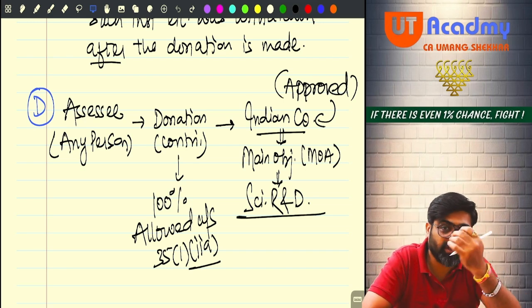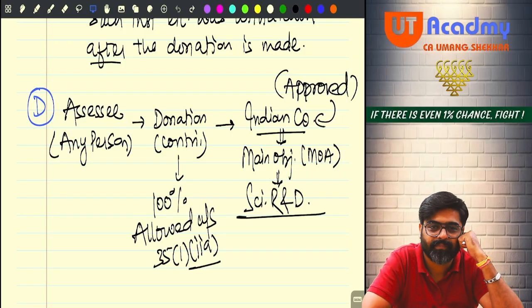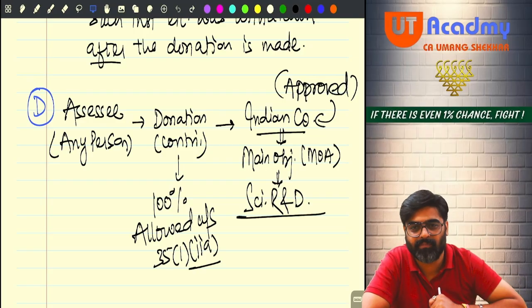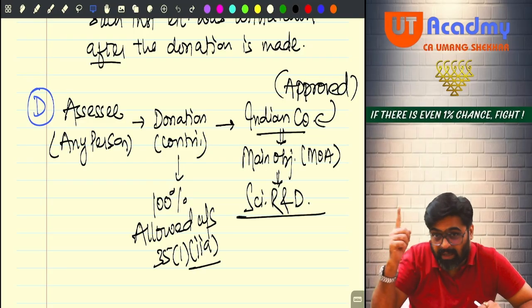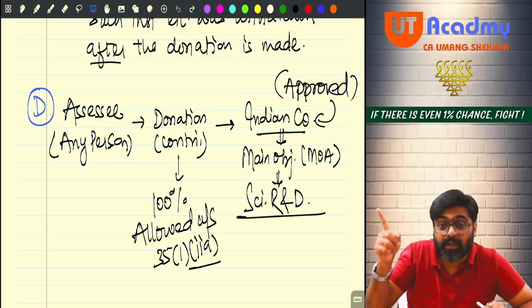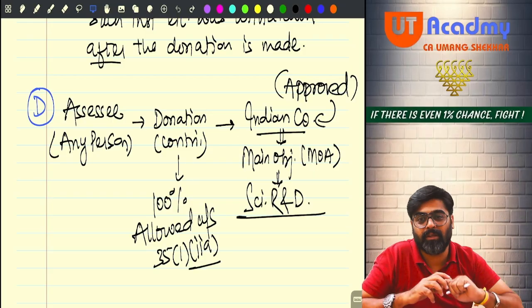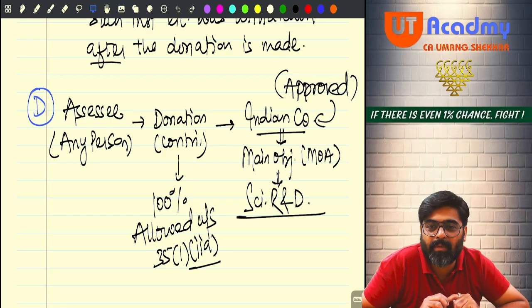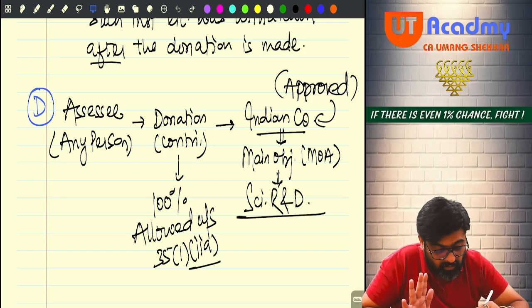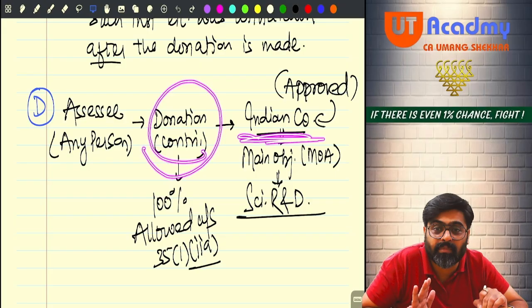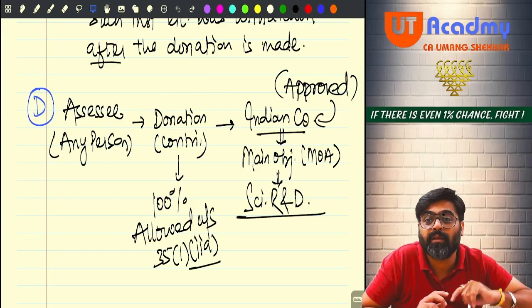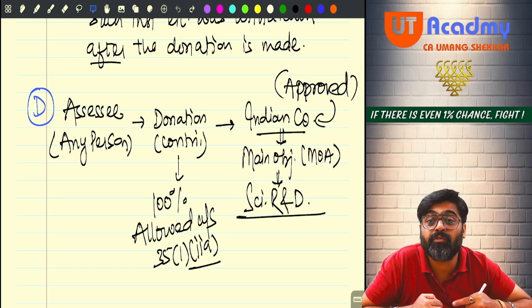So we should promote these types of companies. How will they be promoted? We will fund them, and along with that, we'll tell others also to contribute to such companies. If any assessee contributes to such Indian companies, that assessee should be given some benefit in the form of deduction.